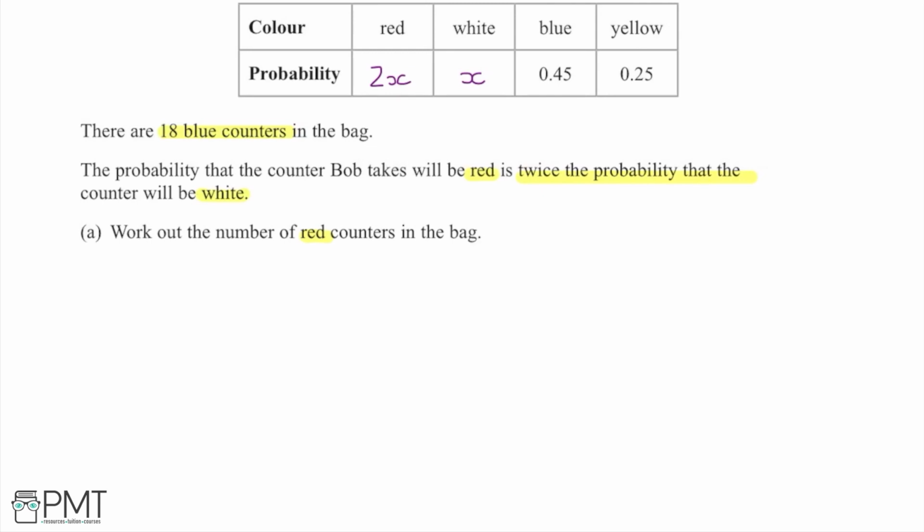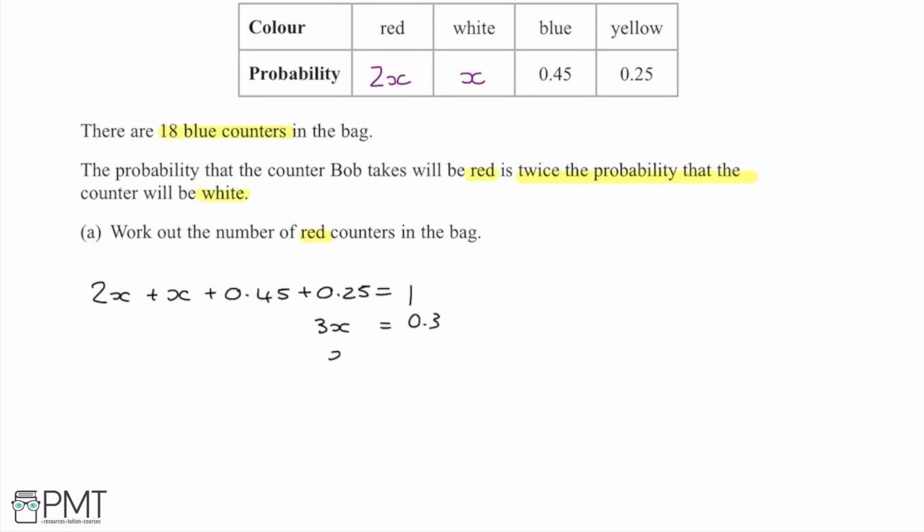So therefore, we know that 2x plus x plus 0.45 plus 0.25 is equal to 1. And if we add these x's together, we get 3x is equal to 1 minus 0.45 minus 0.25. And that gives us an answer of 0.3.